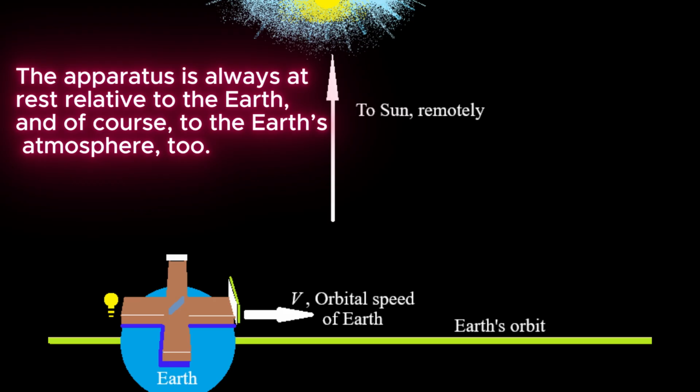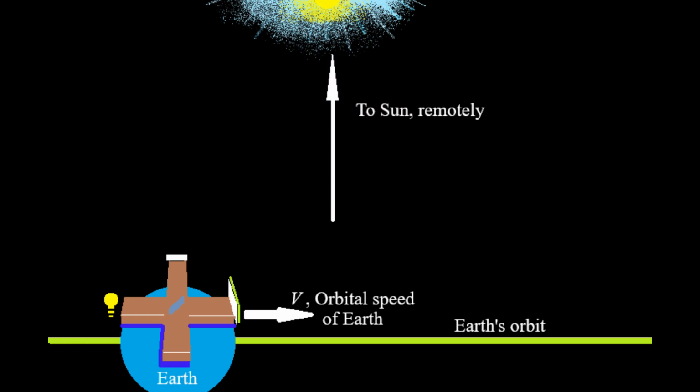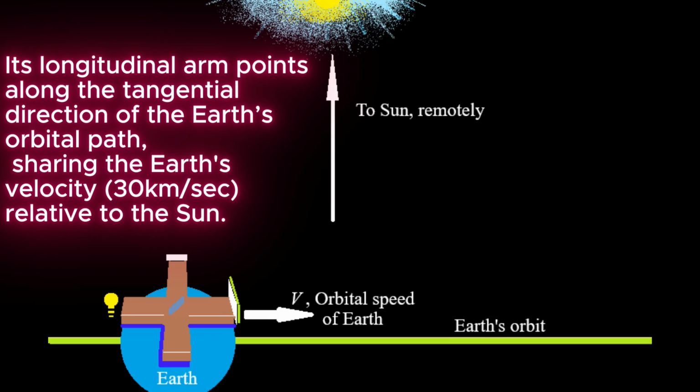The apparatus is always at rest relative to the Earth, and of course, to the Earth's atmosphere, too. Its longitudinal arm points along the tangential direction of the Earth's orbital path, sharing the Earth's velocity relative to the Sun.